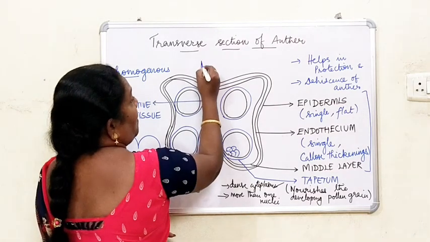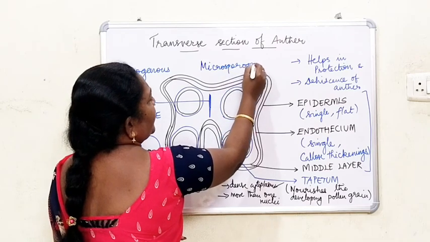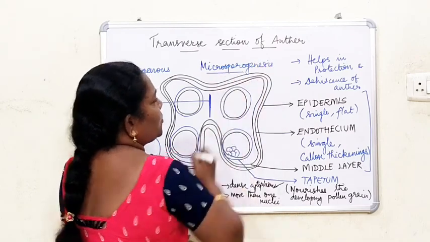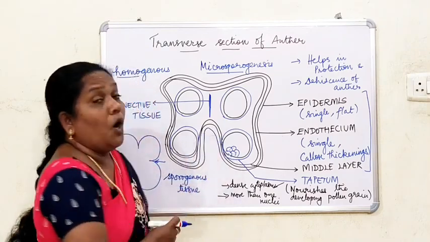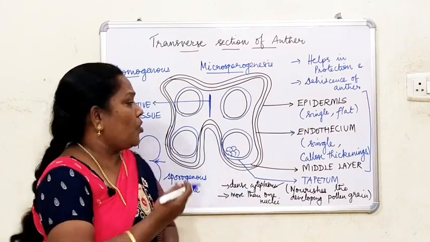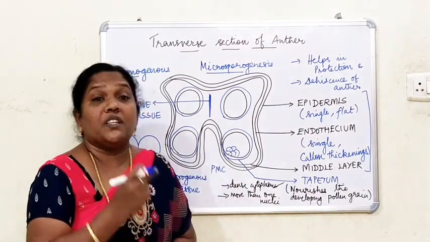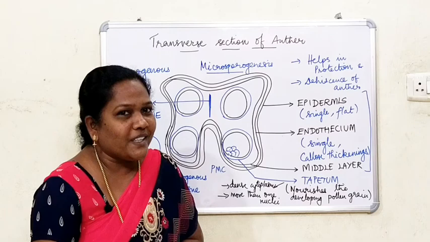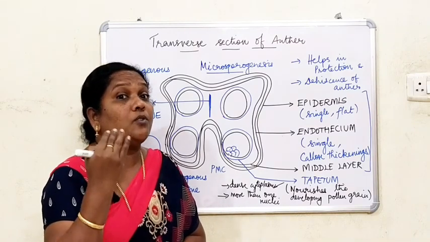Here microsporogenesis takes place. What is meant by microsporogenesis? Microspores are formed. Each cell is called a pollen mother cell, normally mentioned as PMC. When this pollen mother cell undergoes meiotic division, it forms four microspores, that is why it is a microspore tetrad.